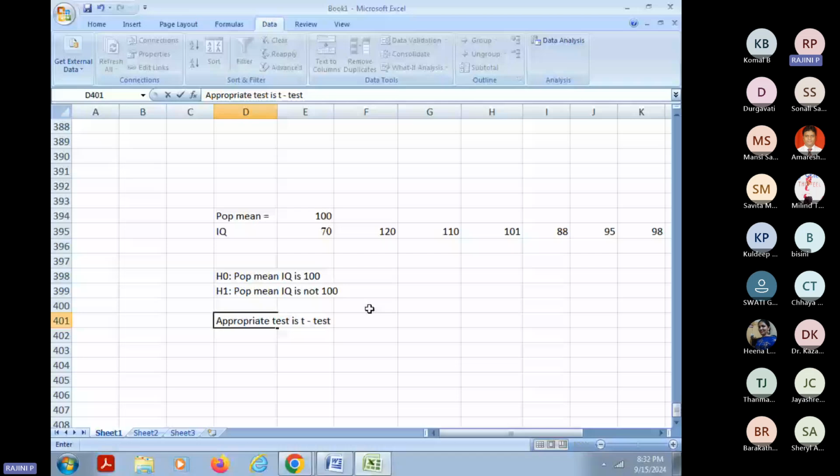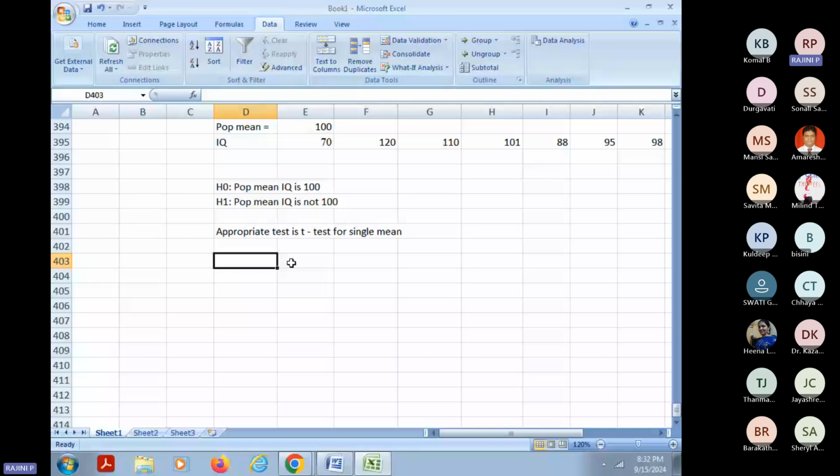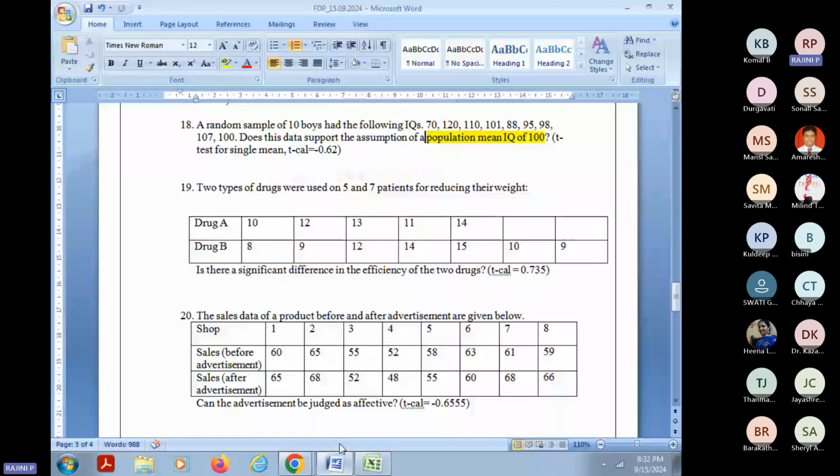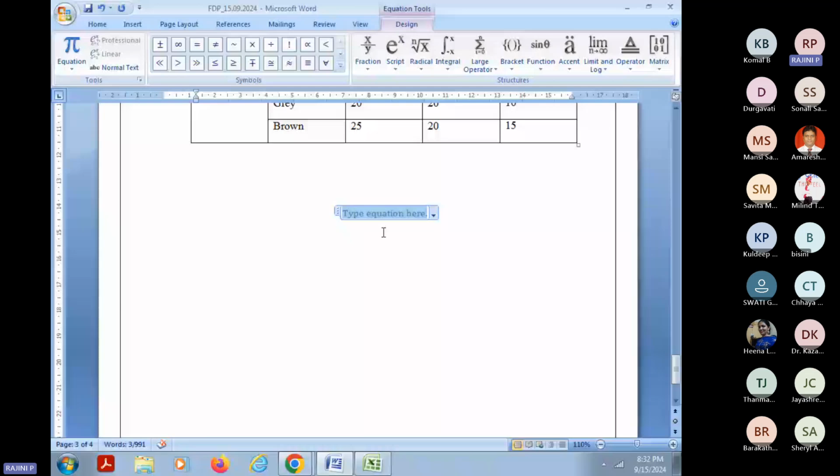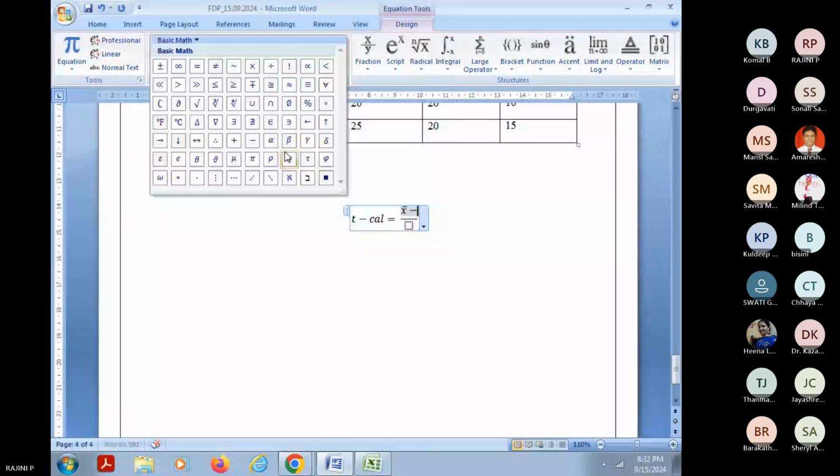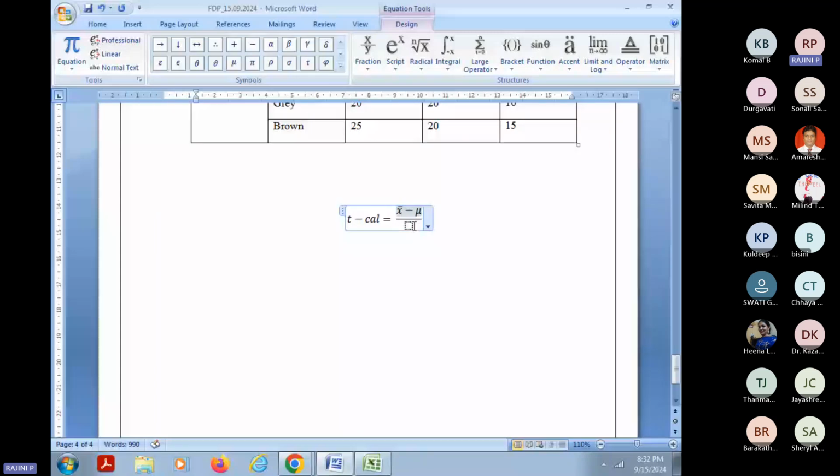Then you need to go for the test statistic. The test statistic formula is x bar minus mu by sigma by root n. I'll type my equation and show you. T cal is equal to x bar minus mu divided by sigma by root n.